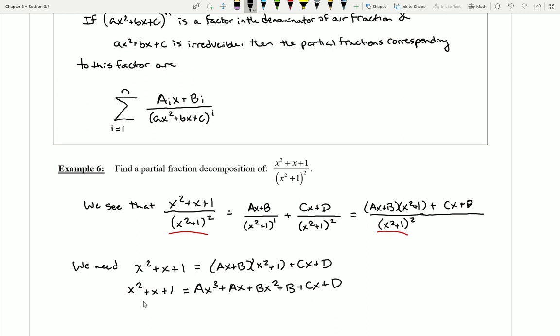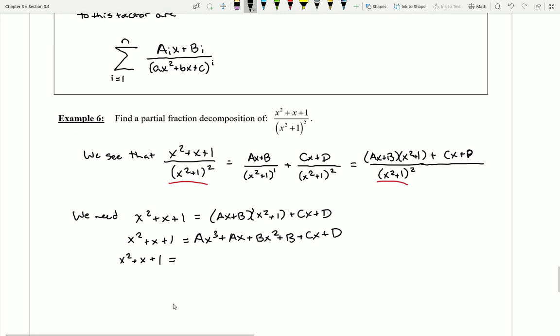I want to write it out like this so again I can compare how many x's, x squareds, and constants are on each side. I know they need to match. So if I write this side in descending order, I see that I have a x cubed, I have b x squared, I have (a plus c) x's, and then I finally just have b plus d as a constant at the back.